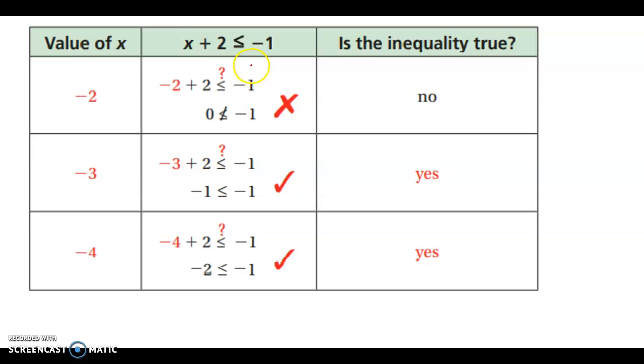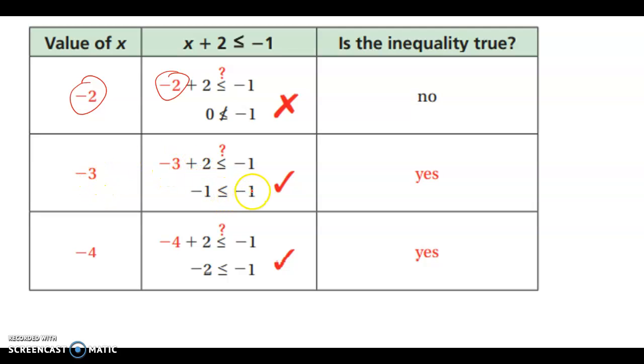Right here, we have an inequality, x plus 2 less than or equal to negative 1, and they want to know if those numbers are a solution or not. If you plug in the negative 2 for the x, you get 0. Is that less than or equal to negative 1? No. If I plug in the negative 3, I get negative 1.